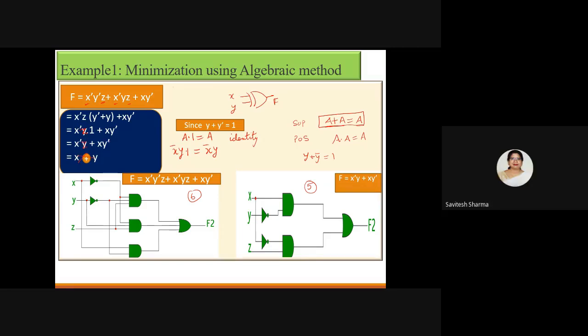So the final expression is x complement z plus x y complement. That attentiveness I required here. Understand? Here, whatever I am showing you is x complement z plus x y complement. The circuit is correct, but the expression I wrote here is wrong.